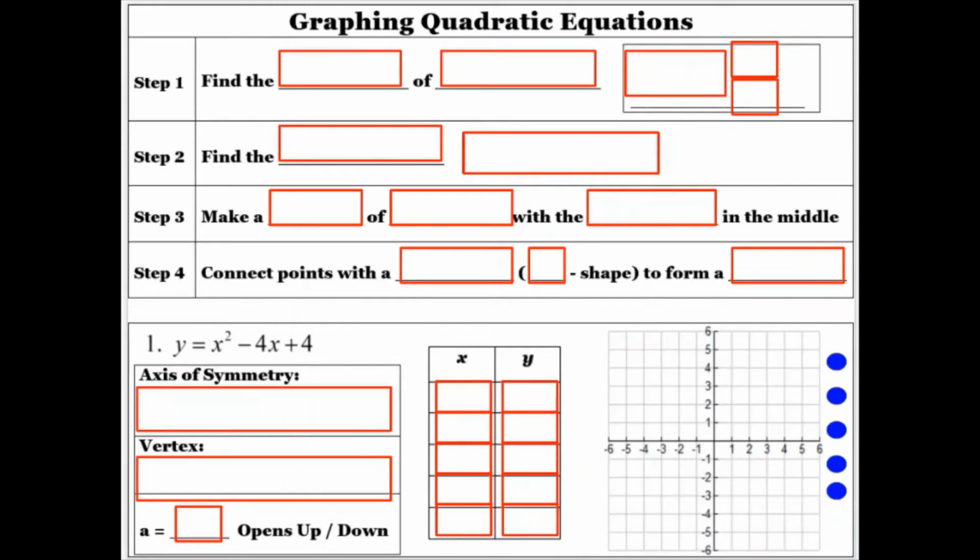How do we use all that information to graph a quadratic equation? Well, the first thing you want to do is find your axis of symmetry, using that formula we just wrote on the last slide, x equals negative b over 2a. Step 2, find the vertex.